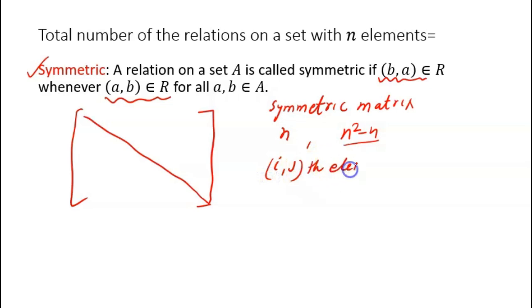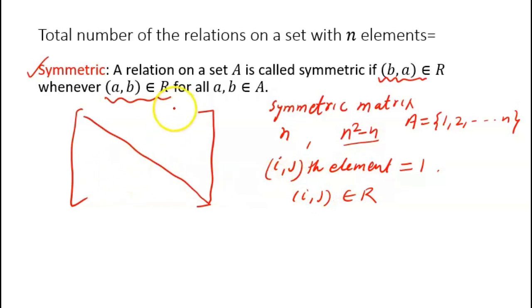Let me call the set A as having elements from 1 to n, so there are n elements. The ijth element being equal to 1 means that the element i comma j is present in the relation R, which means the element i is related to the element j.